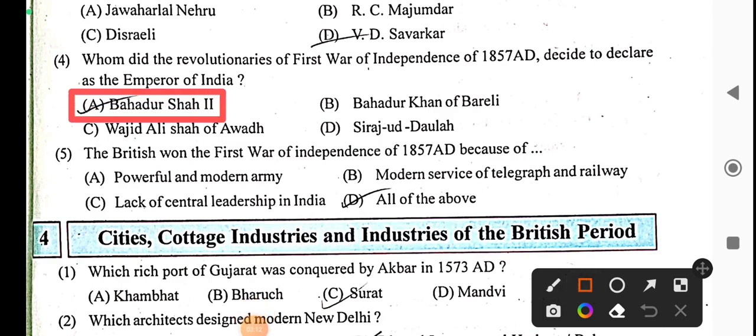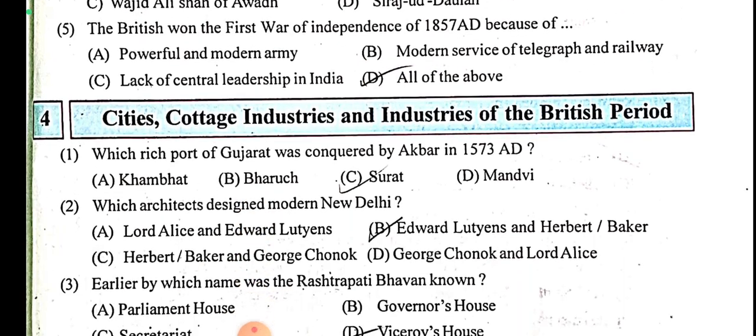Bahadur Shah II. The British won the First War of Independence of 1857 because of all of the above: powerful and modern army, modern service of telegraph and railways, and lack of central leadership of India.